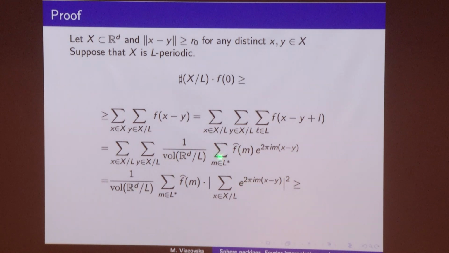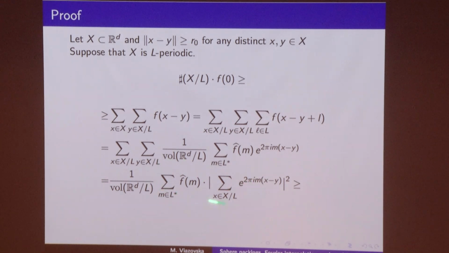And so the next step is the following trick. We will rewrite this double sum as an absolute value of a simple sum. Now, after we have done this, we see that all these numbers have to be non-negative. So we can use the second property of our function f, that its Fourier transform is non-negative everywhere.